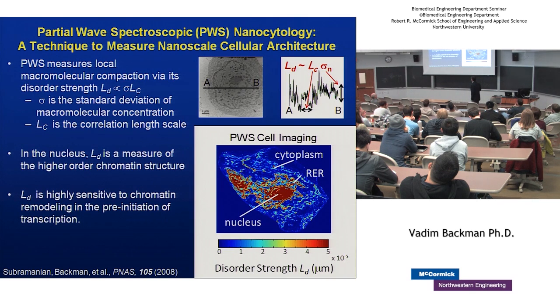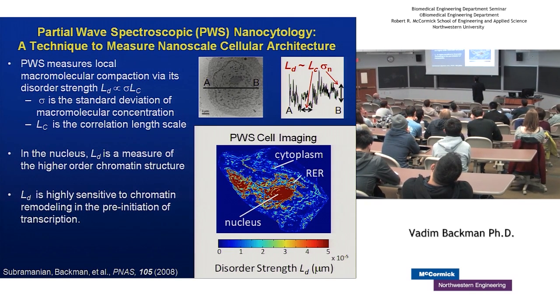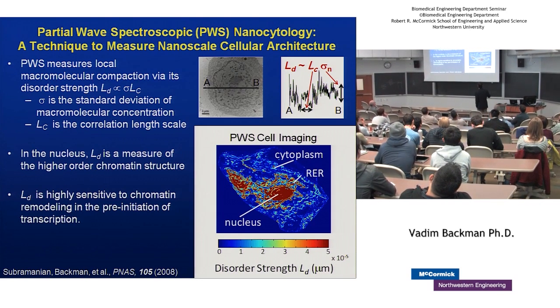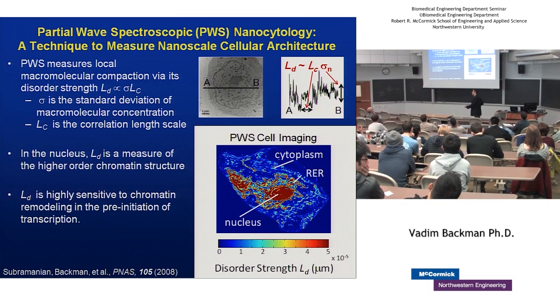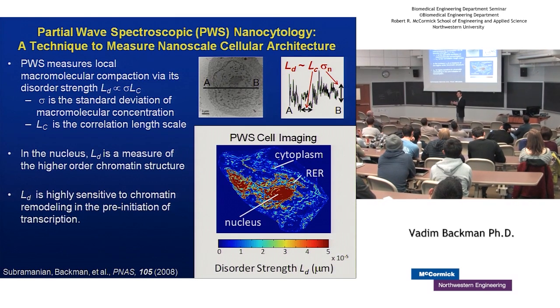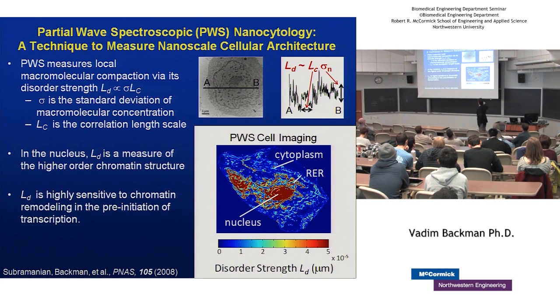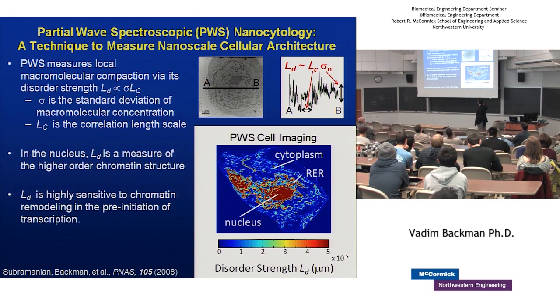It's a product of two numbers: the length scale of the refractive index fluctuations in space and the amplitude. So when structures get compacted, this number, the disorder strength, goes up. And the end product is an image of a cell that may look like this, where in pseudocolor you can plot different values of the disorder strength and look at different parts of the cell.